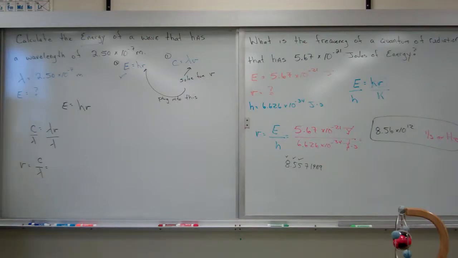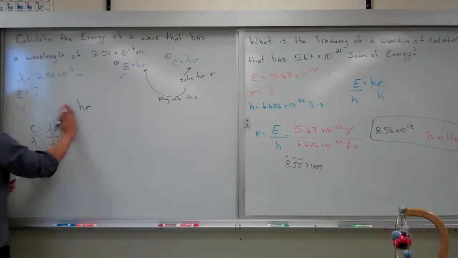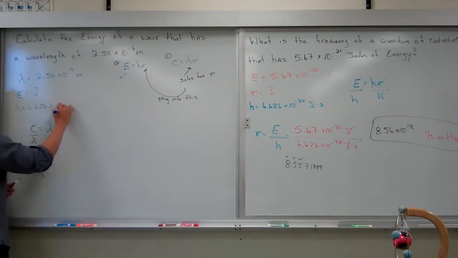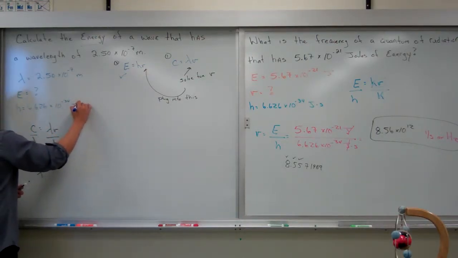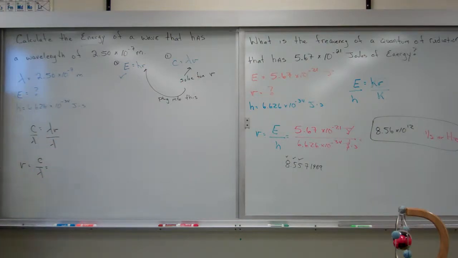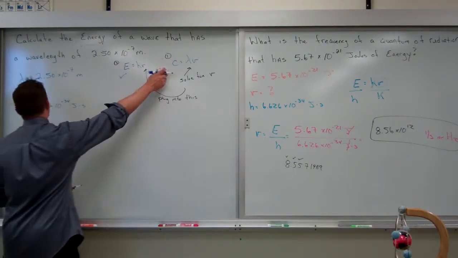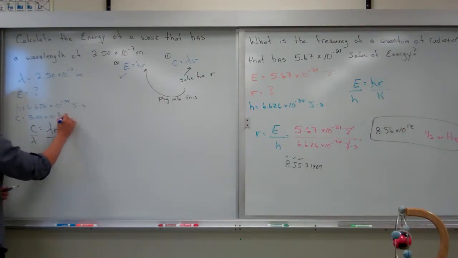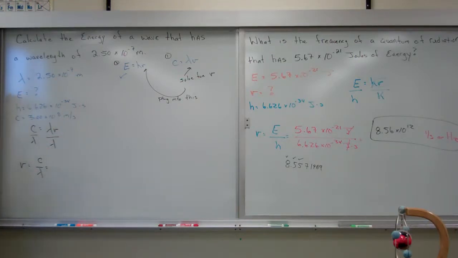If I'm listing things up here, we have one equation, which means h needs to be around. So h is 6.626 times 10 to the negative 34th joules times seconds. I have a different equation that says that I need c, and c is equal to 3.00 times 10 to the 8th meters per second.